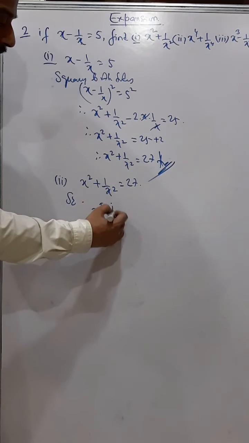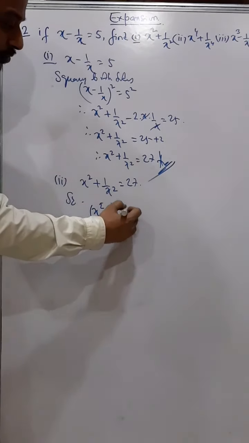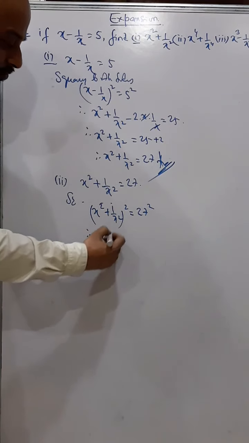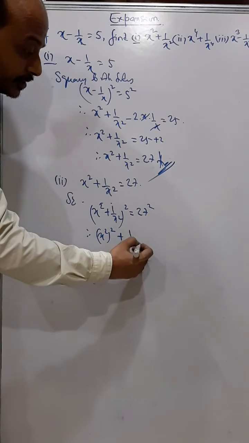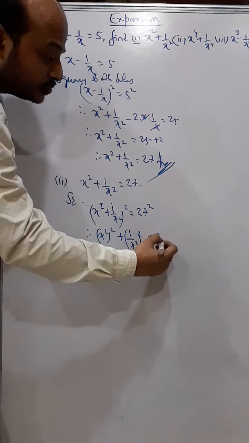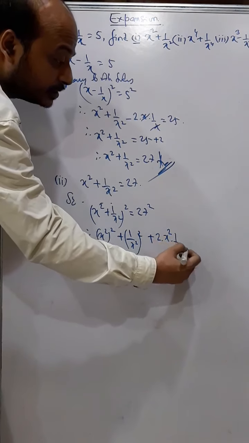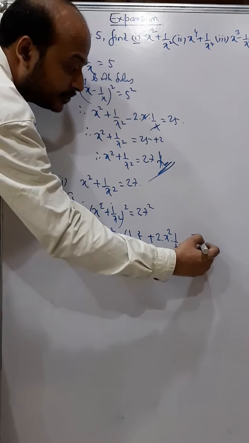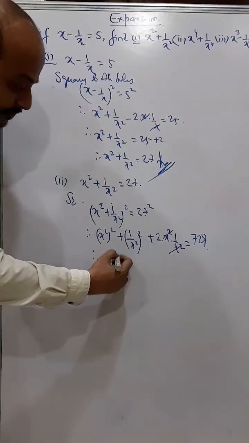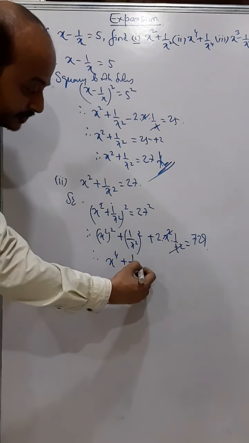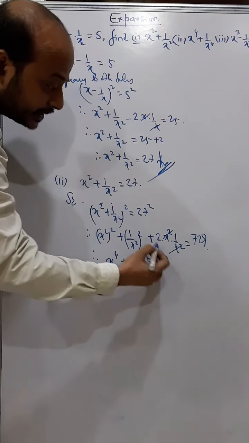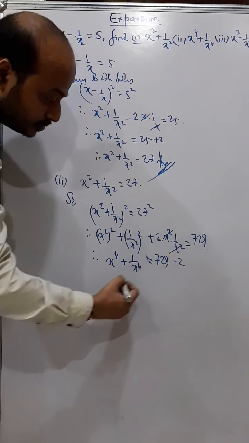I got x square plus 1 by x square whole square is equal to 27 square, and then again you have a square plus b square plus 2 into a into b, and that is equal to 27 square is 729, and this x square and x square got cancelled, and now you are getting x4 plus 1 by x4 is equal to 729, and plus 2 goes there, it becomes minus 2.